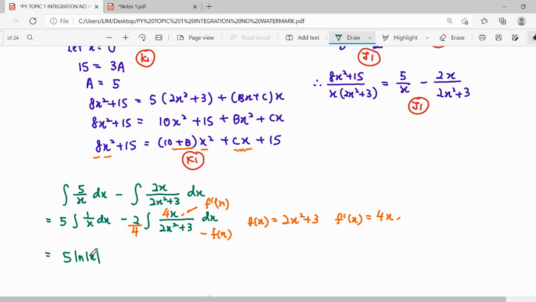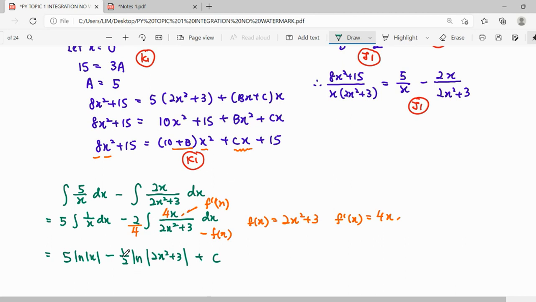That's why we make the function modulus, we make it positive. So this one, 2 over 4, simplifies to negative 1 over 2. And when we integrate f prime x over f(x), this gives us ln of the function 2x squared plus 3. Then after integration, we are going to add C because this is an indefinite integral.